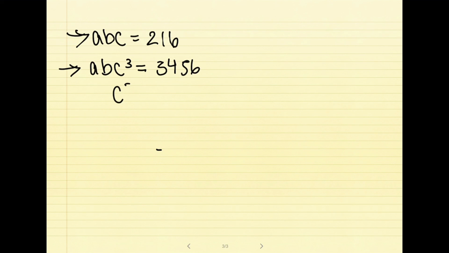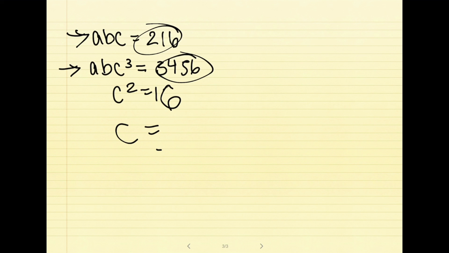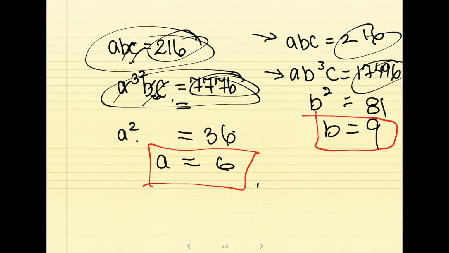Like always, we're going to end up with c to the power of 2, which is this divided by this, which is equal to 16. Sorry. Okay, 16. And then we do the algebra, and we end up with c is equal to 4. Now we have our 3 values, all fine and dandy, wonderful.